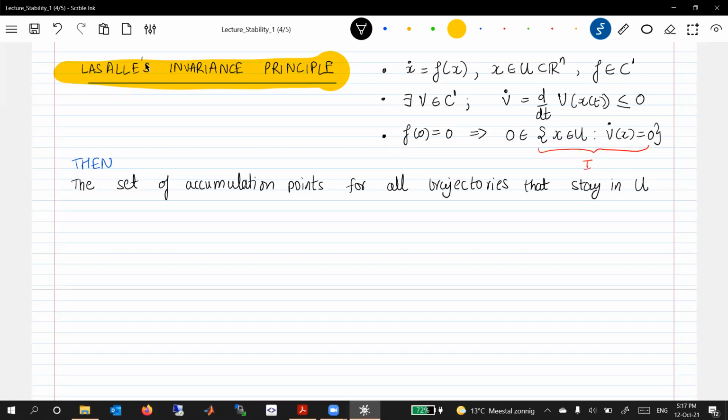We consider a set U in which, if a trajectory enters, then it stays in it. And this is the kind of set we have here, right?